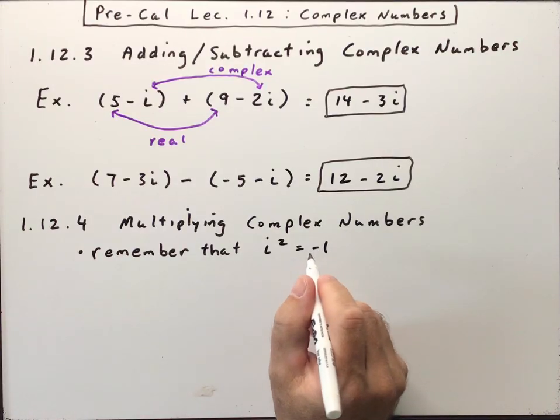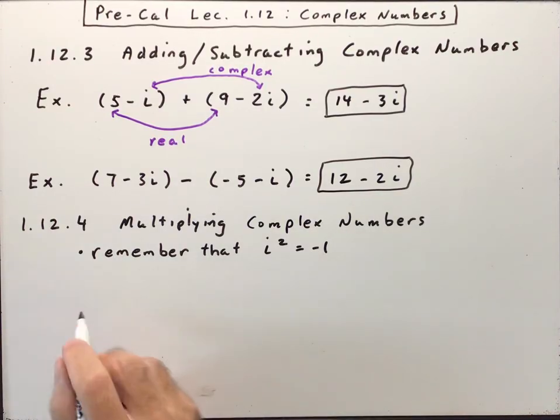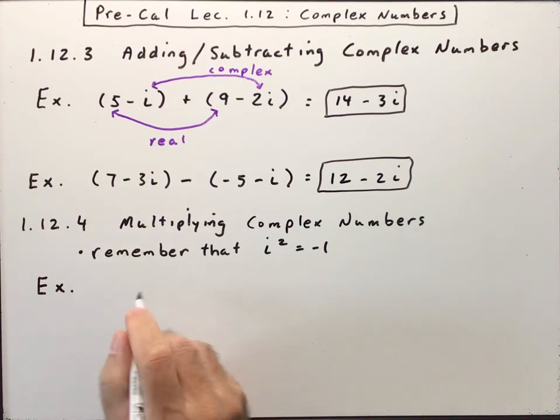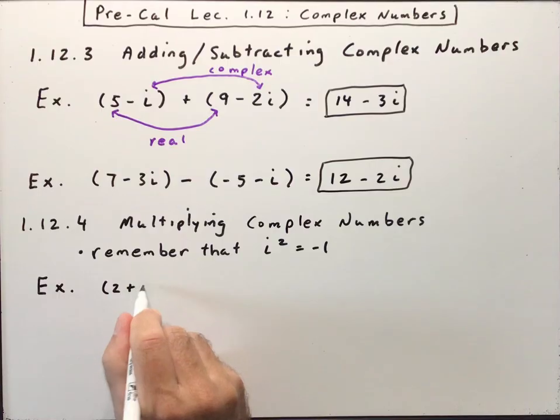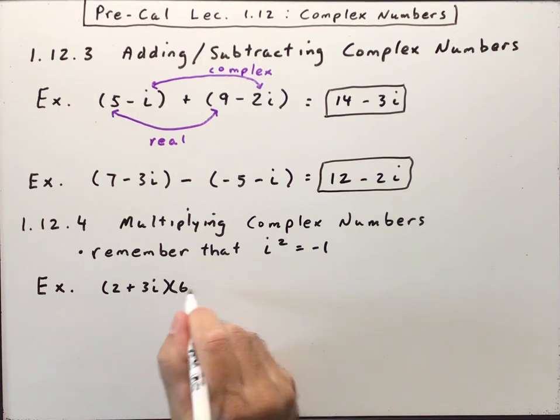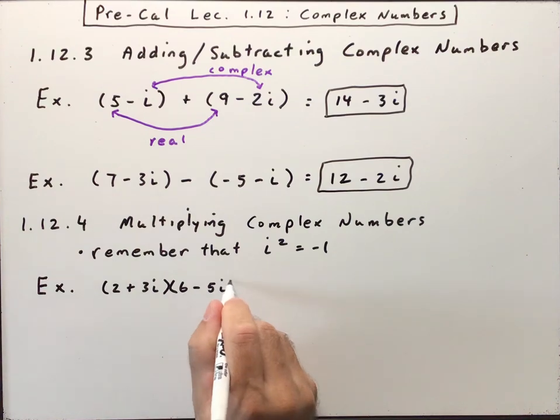If you can remember that, then you're going to be pretty good with these. So, a couple of examples here. Let's say we have 2 plus 3i, and we're going to multiply that by 6 minus 5i.